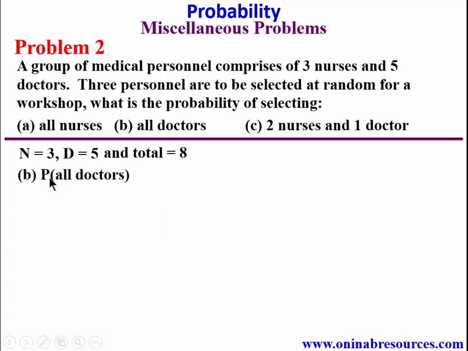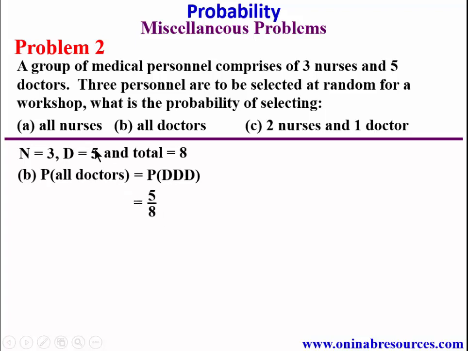So the probability of selecting all doctors. In the same way, it is going to be the probability of the first person doctor, the second doctor, and the third doctor. So the probability of picking the first person doctor here will be 5 over 8.